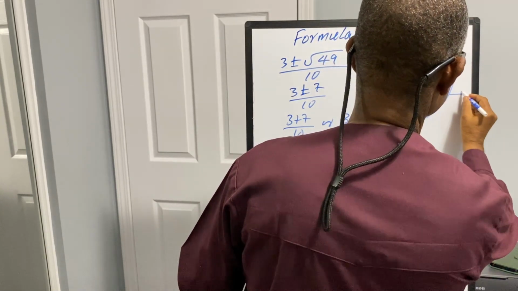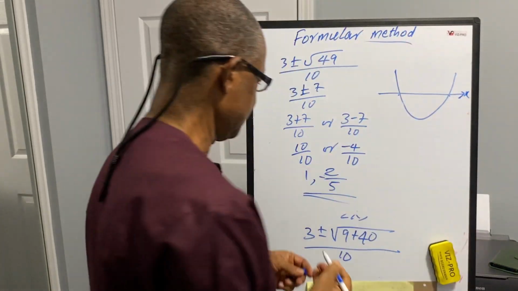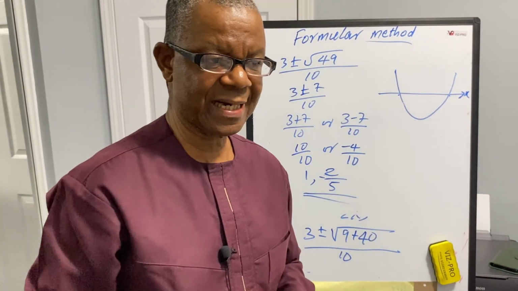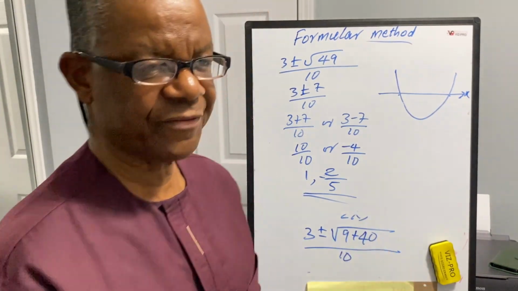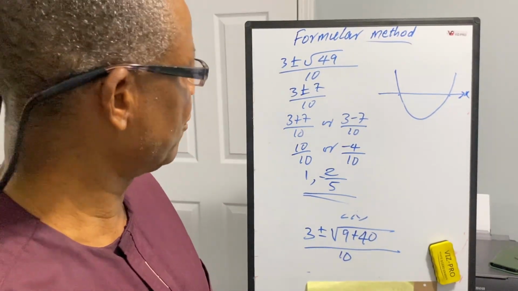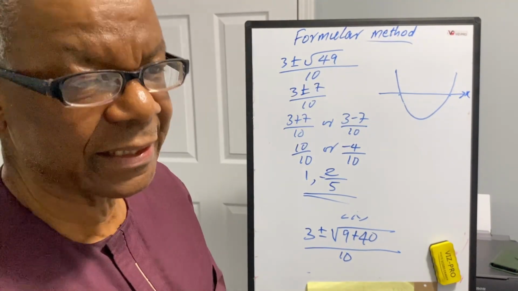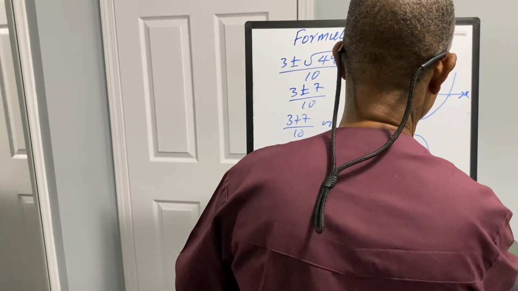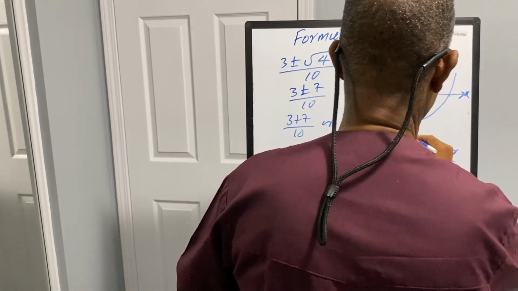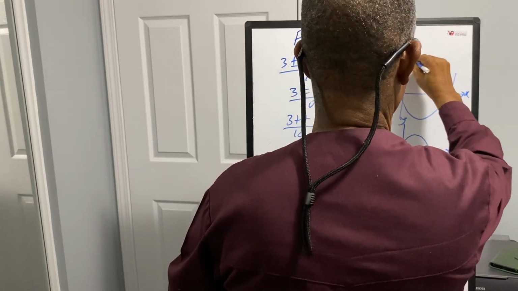This is our x-axis. So this value here and this value here gives us the answer of that very quadratic equation graphically, if the second degree is positive. But if the second degree is negative, please turn this way. This will be our f, our y.